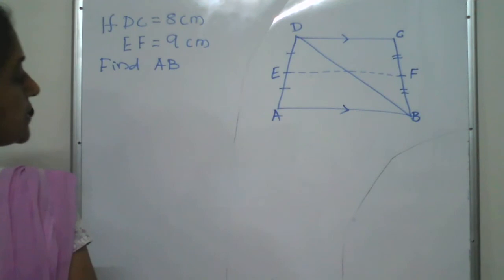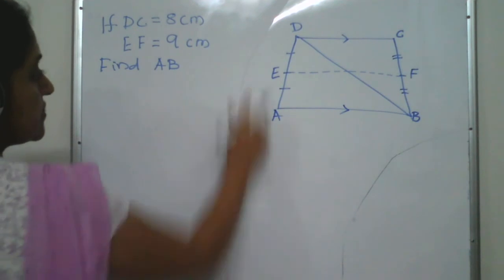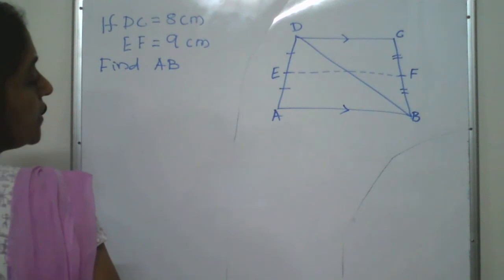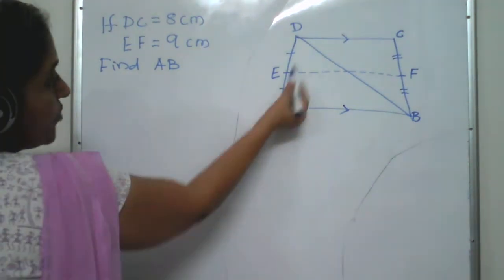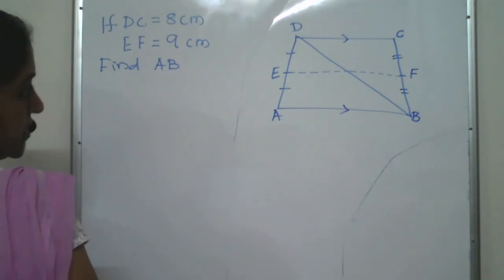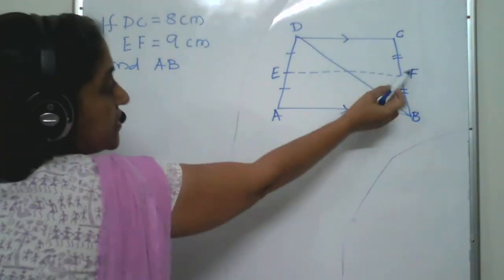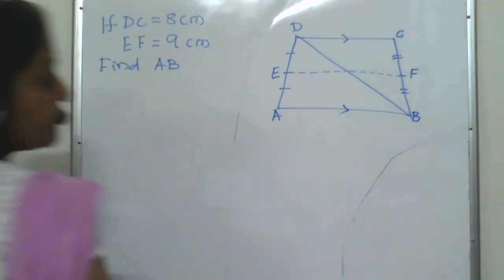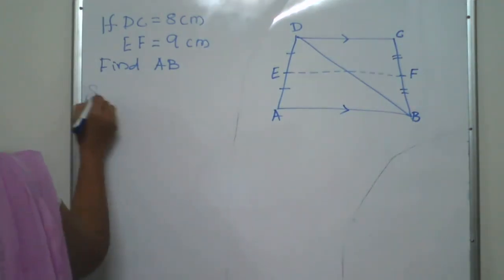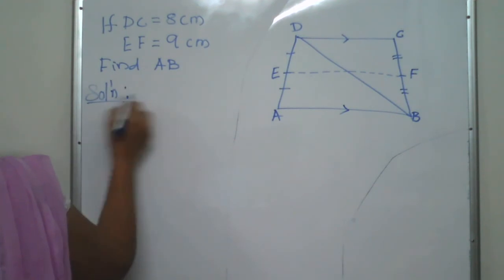Now first you just have to see what is happening here. If E is a midpoint, ED and EA are going to be equal, and similarly CF and FB are going to be equal. Now see the solution.